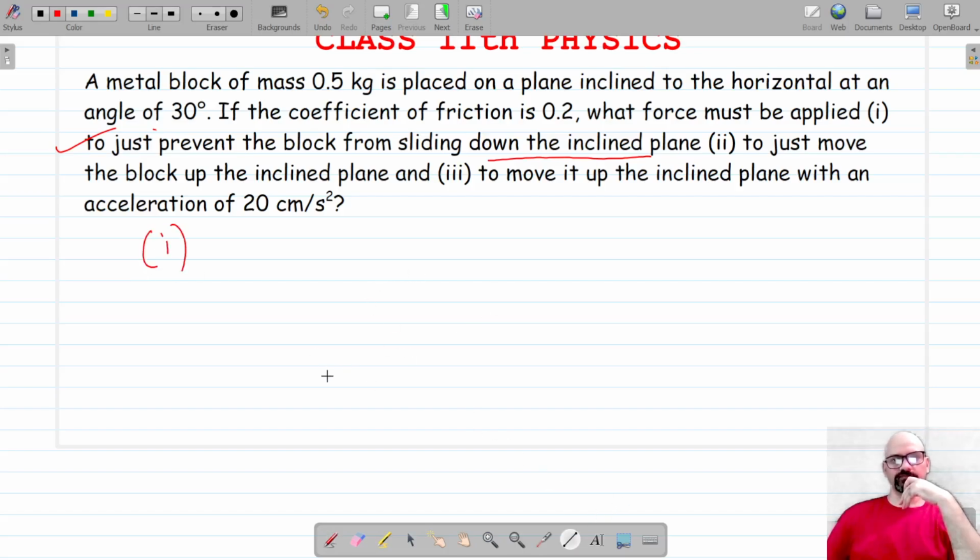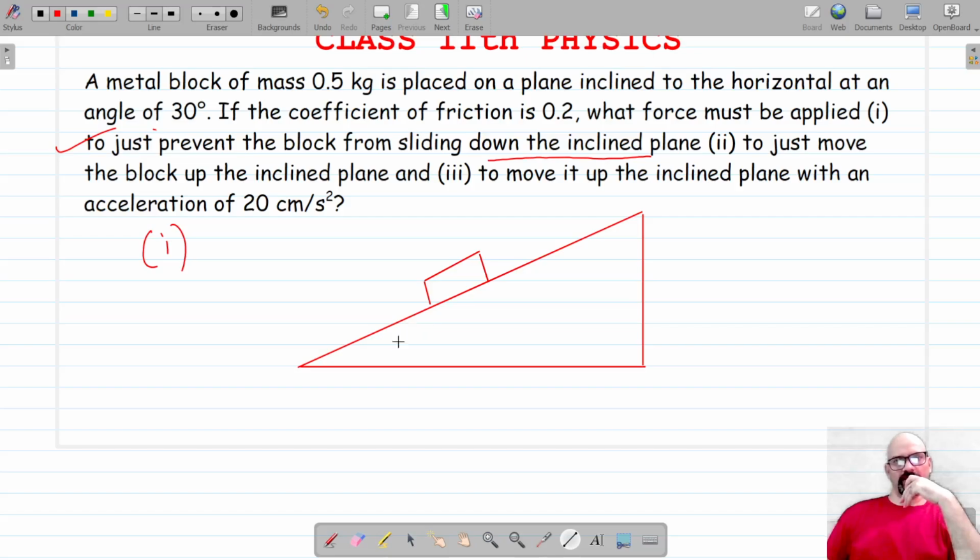So let's say this is the inclined plane on which there is a metal block of mass 0.5 kg, and the angle of inclination is 30 degrees. This is the weight, which is acting vertically downwards.